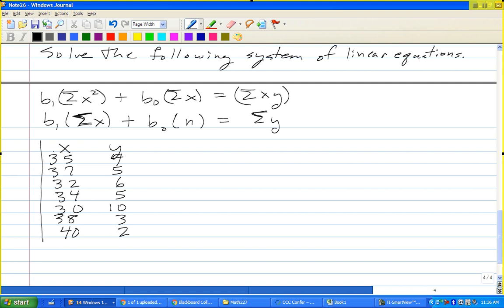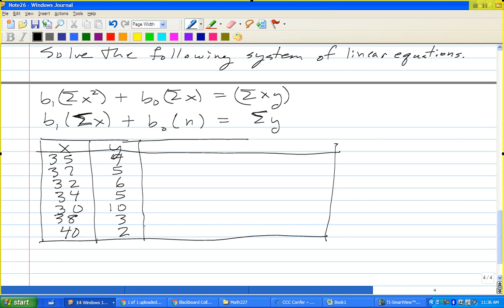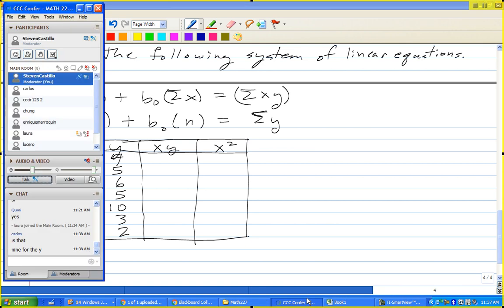Okay, so let's do this. Okay, now let's just multiply first and second columns, square the first column, and then that's really it. Is that 9 for y? That's a 4.